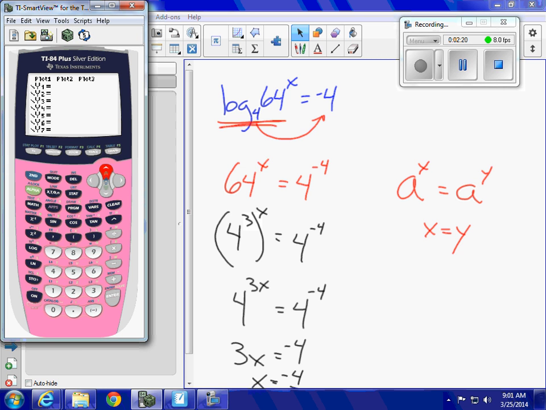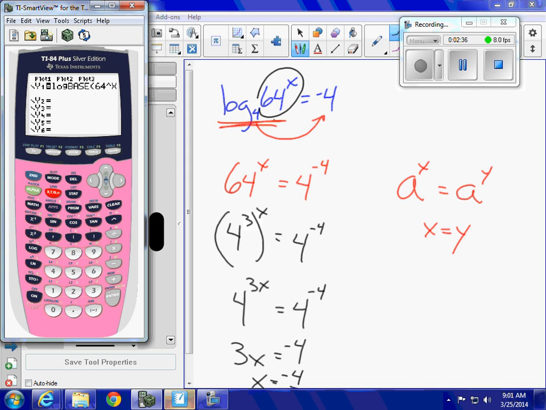So to get log base, I go math, alpha, math, and I get log base. And first I put in the argument, which is 64 caret x. That's my argument of my logarithm right here. And now I'm going to put in a comma, and I put in my base. So I close that with parentheses.